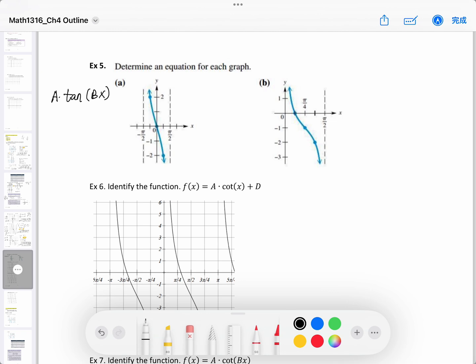So we learned the period is equal to, from the graph I can tell, pi, is equal to pi over B. Oh, that means B is equal to 1. Okay, so B is equal to 1. How about A? Do I have vertical stretching? For the tangent function, let's graph the tangent function. It is an increasing function.